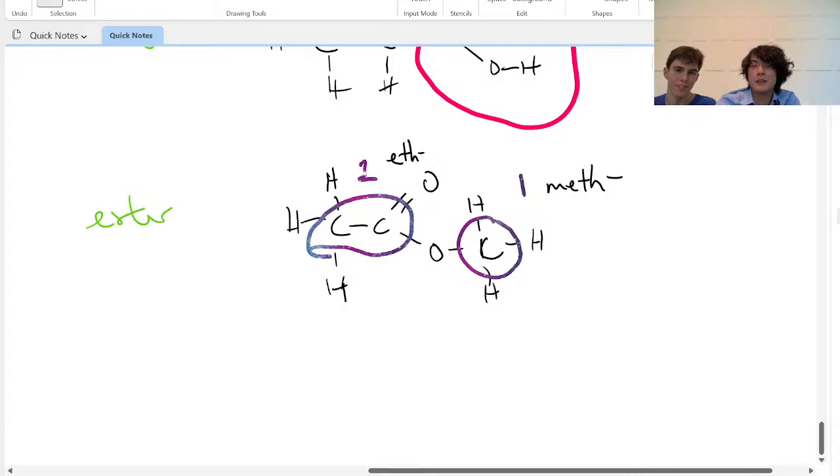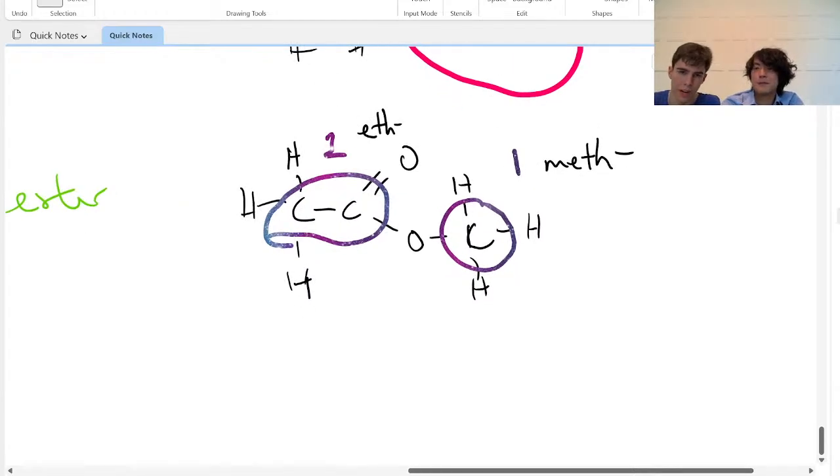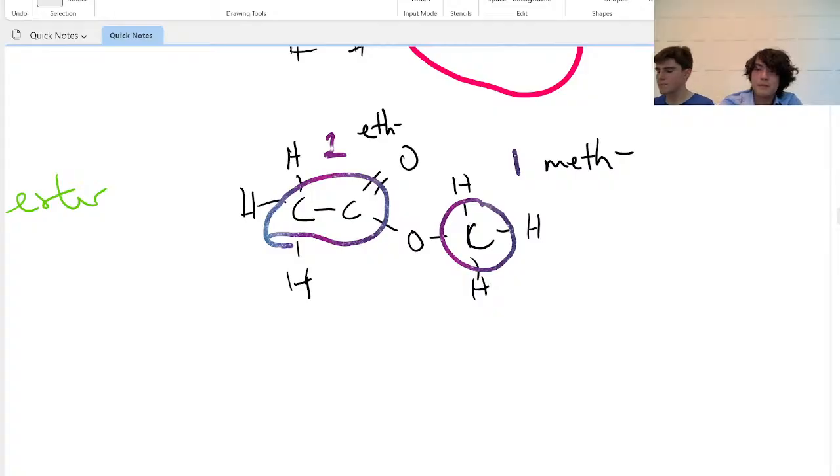What you've also got to look out for is which one the double bond O is attached to, because that's where the carboxylic acid comes from. The carboxylic acid bit is the one on the right, and the alcohol is the one at the start. So look at the two groups of carbons.